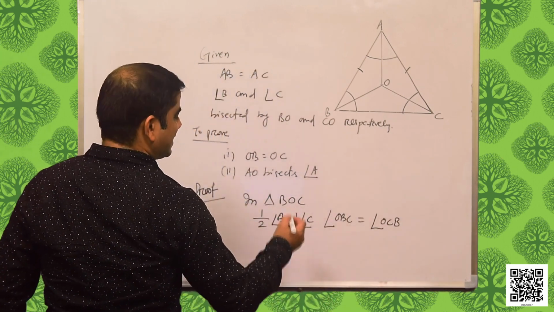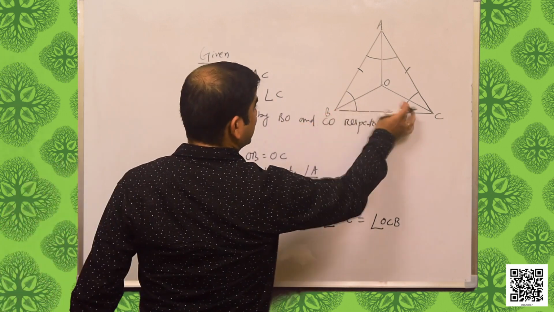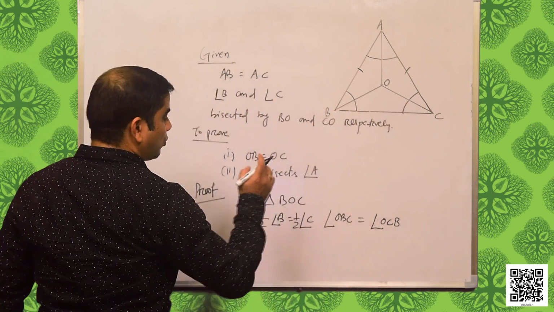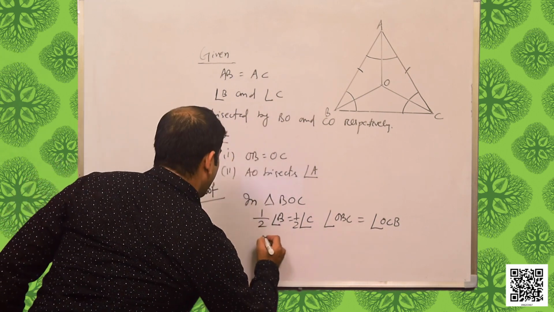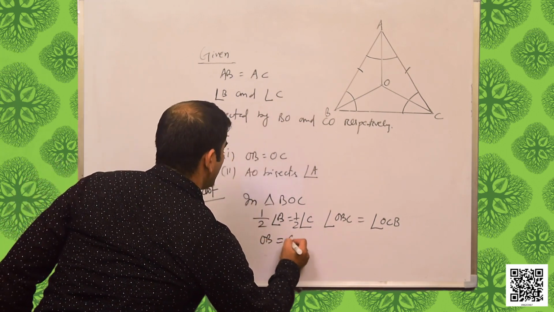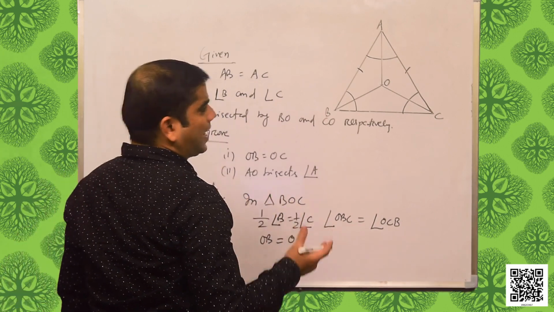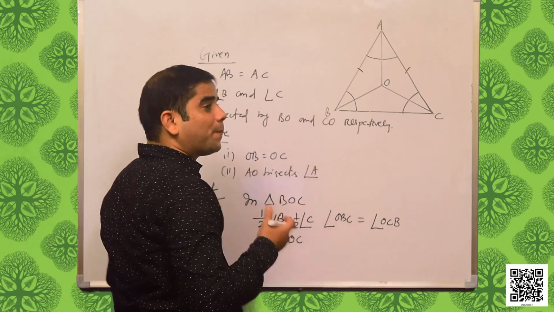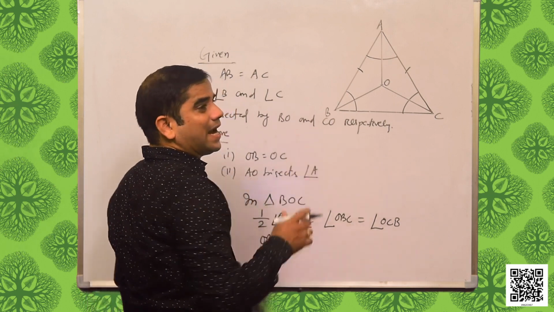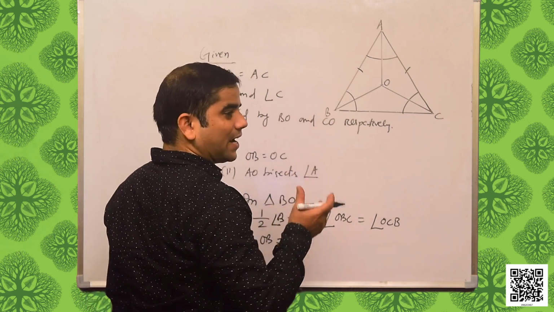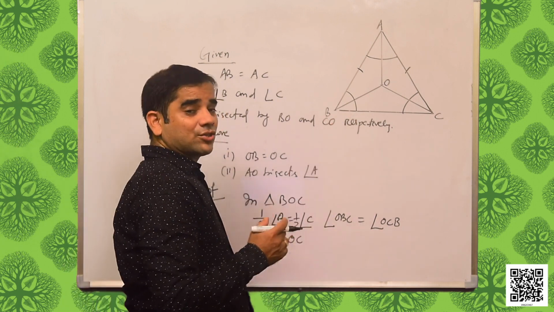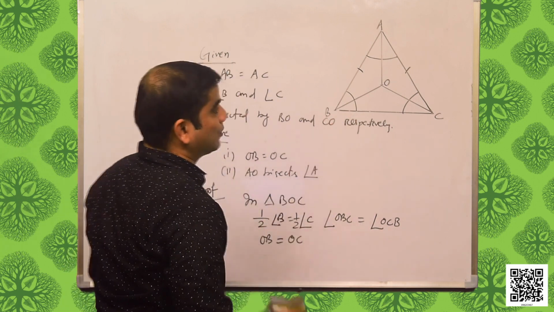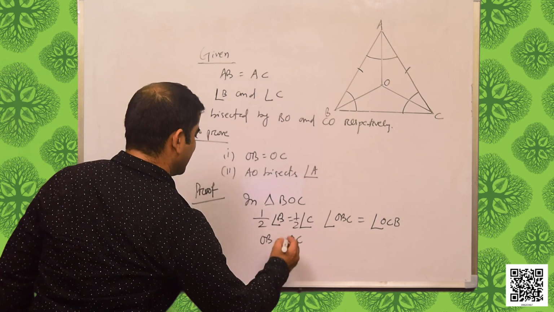As these two angles are equal, in triangle OBC we find that OB is equal to OC, as we know that the sides opposite to the equal angles of a triangle are also equal. That means OBC is an isosceles triangle.